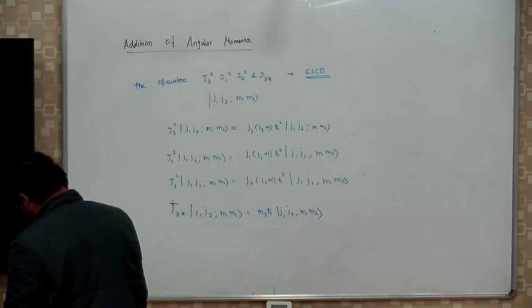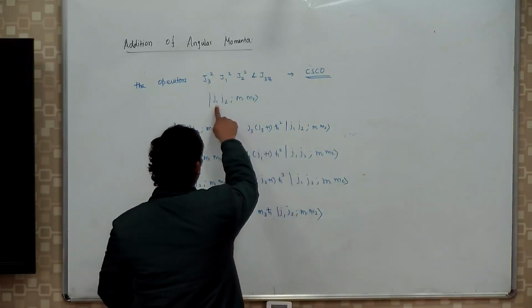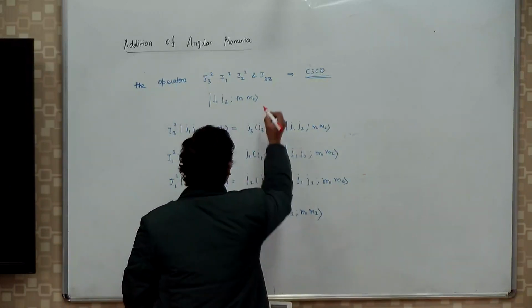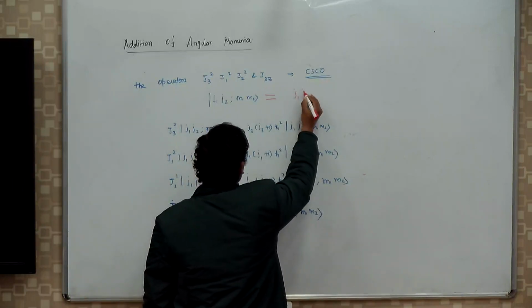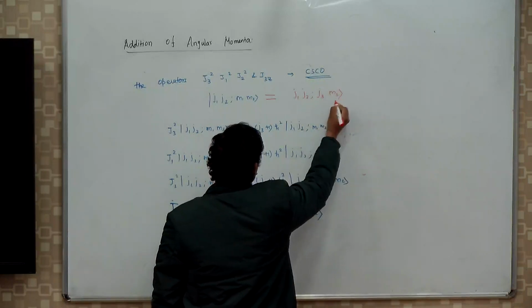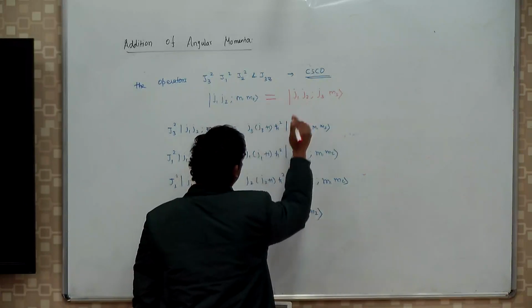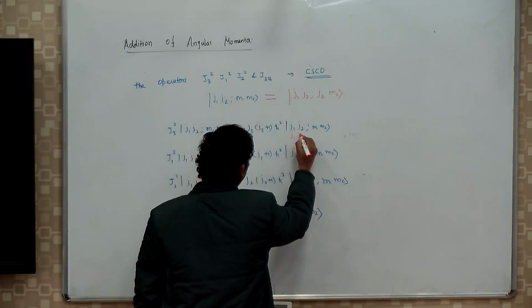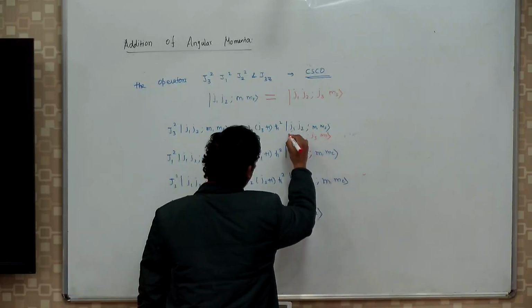So if we want to write in this case, then the state vector here, for the coupled basis J1, J2, we will write it as J3, M3. Then these values are equivalent to this one. Then J1, J2, J3, M3.